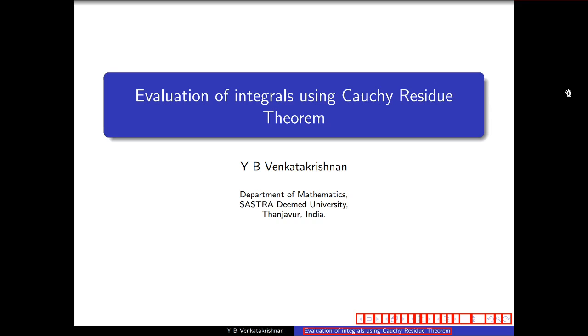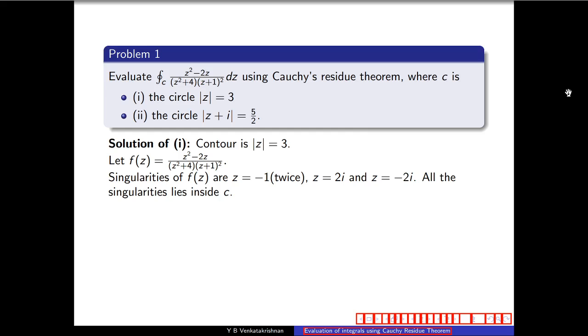Suppose a complex valued function f of z is analytic except at finite number of points inside and on contour C, then integral over C f of z dz will be 2 pi i into sum of the residues.